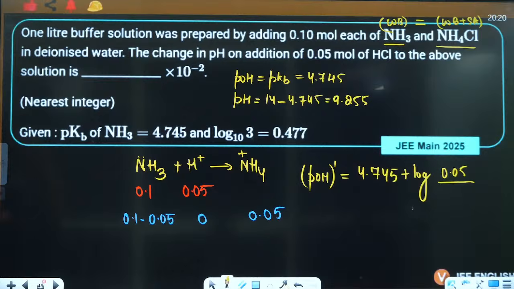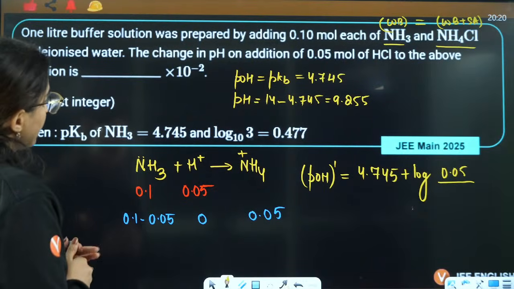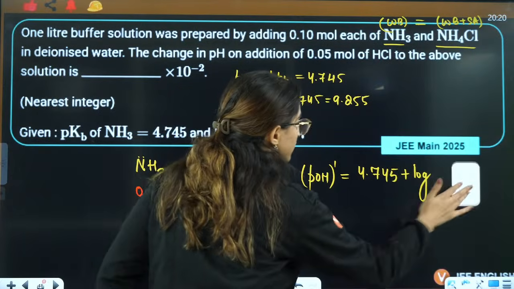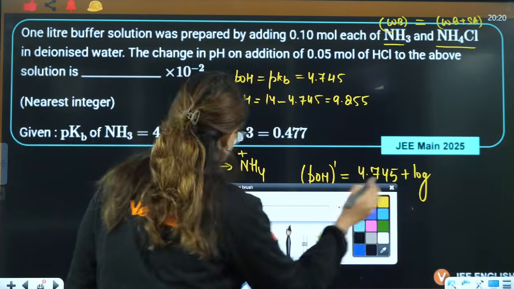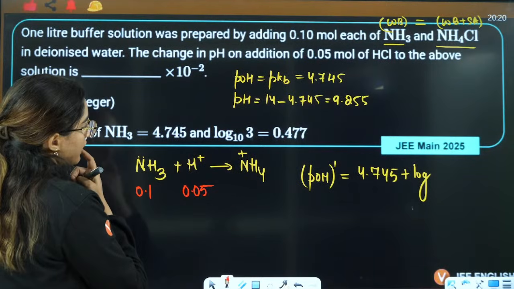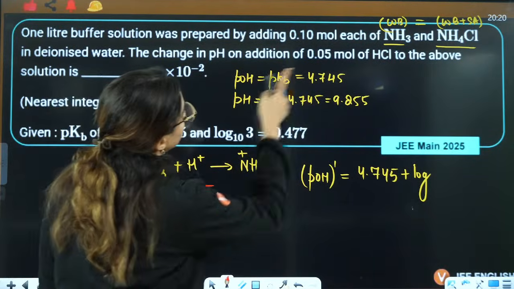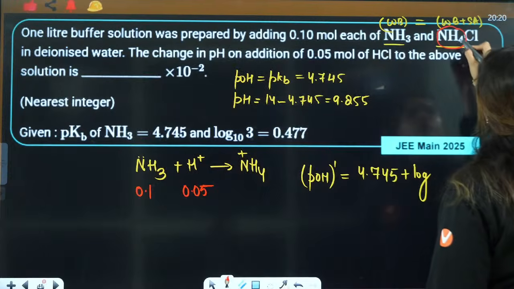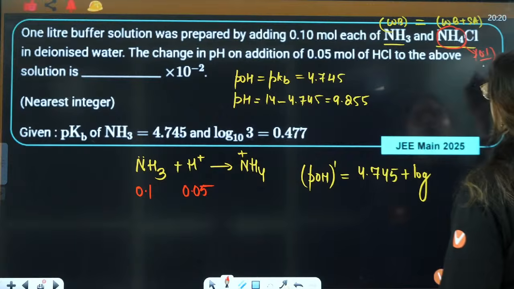Wait a minute. One thing we need to see here. If this is 0.1, this is also there, no? From here also, initially, you will have 0.1, right?